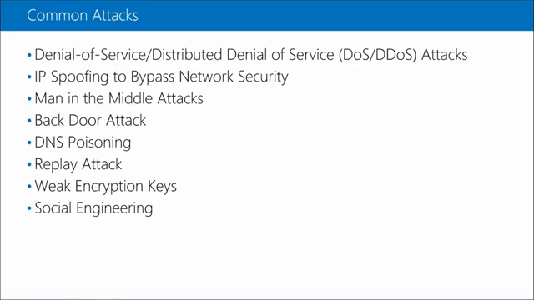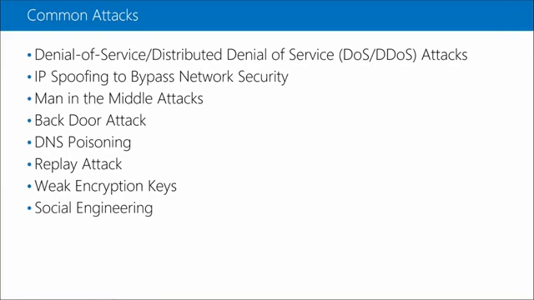Things like denial of service and distributed denial of service, so DoS or DDoS attacks, IP spoofing to bypass network security, man-in-the-middle attacks, which we talked a little bit about, and backdoor attacks, so using unsecured ports to access your system.